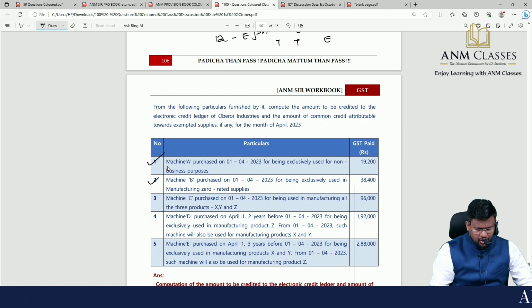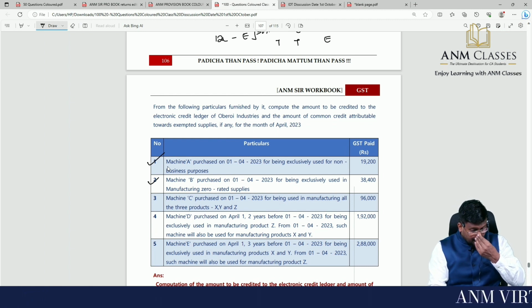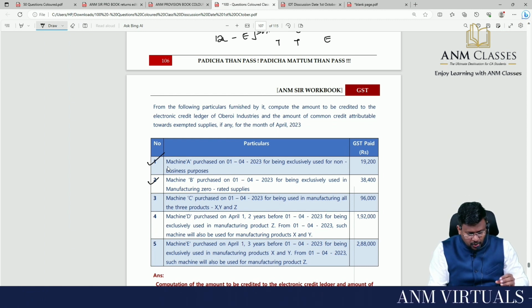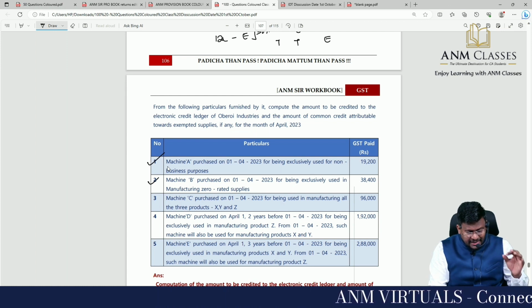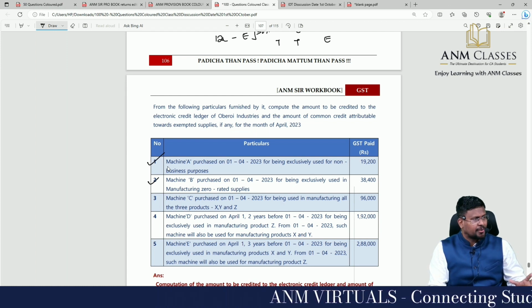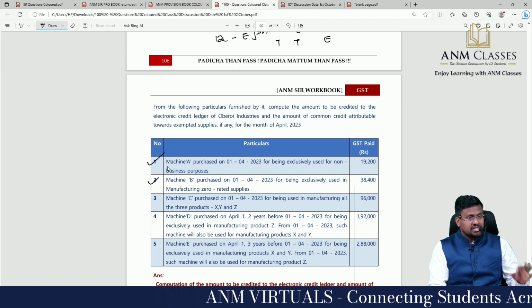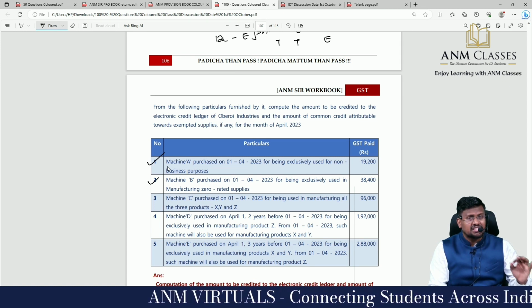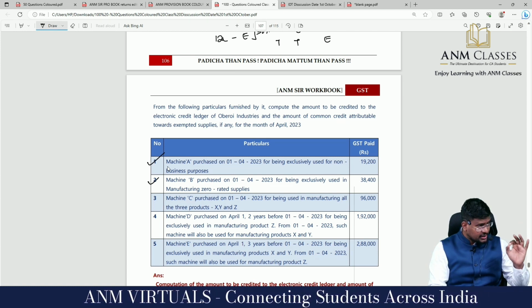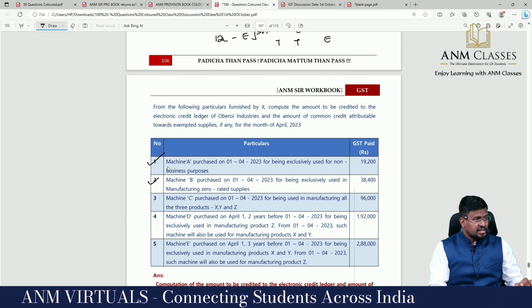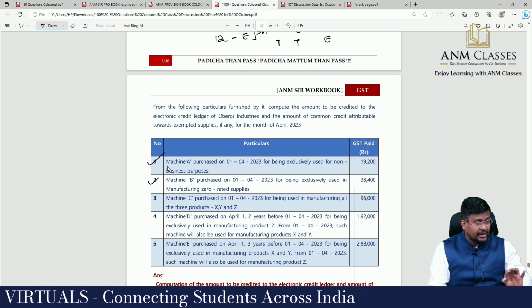With regard to machine B, purchased on 1/4/2023 for being exclusively used in manufacturing zero rated supply. Zero rated supply is a taxable supply. Zero rated supply means either export or supply to SEZ.